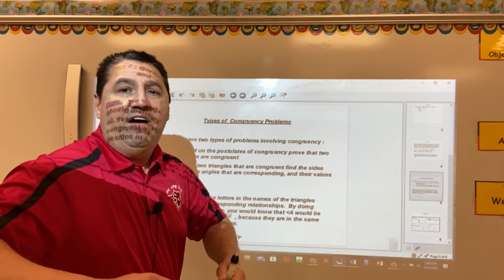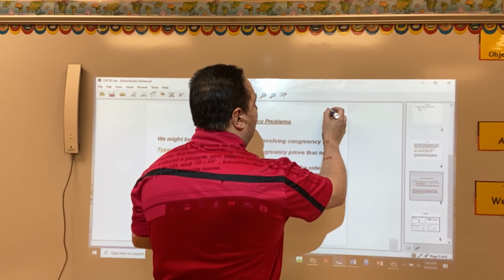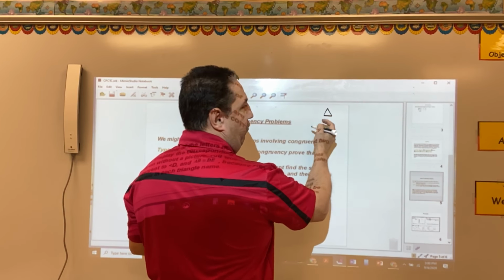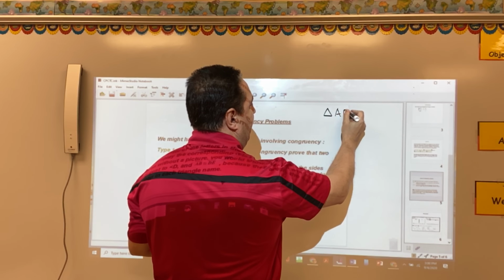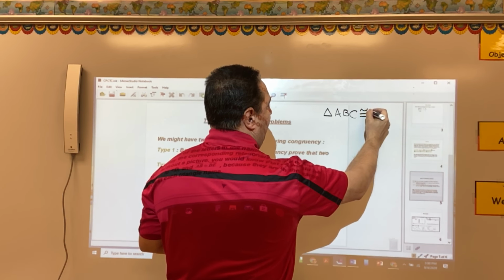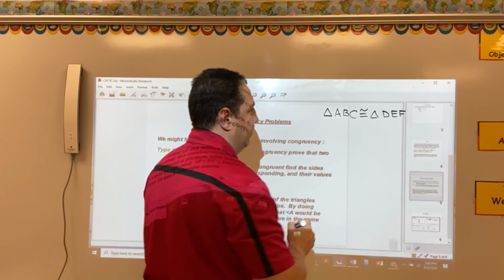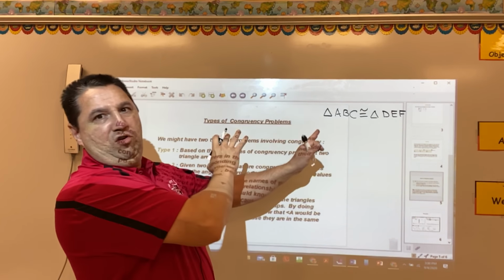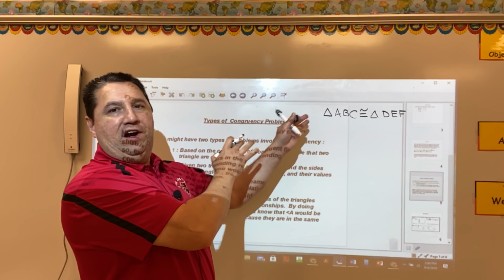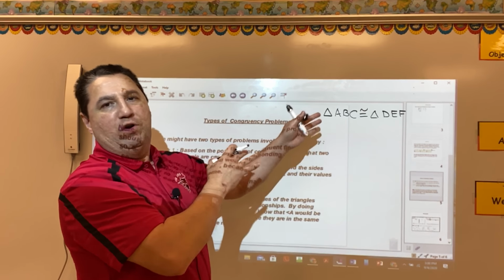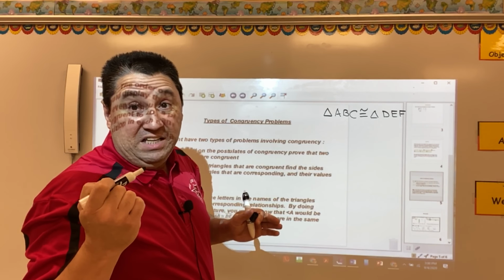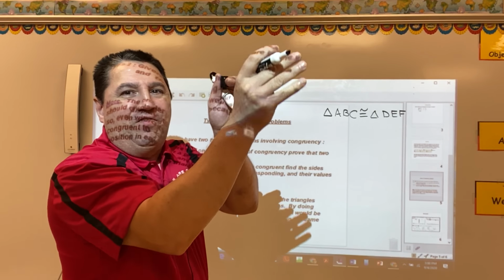when you have a statement like this, triangle ABC congruent to triangle DEF, remember this is the symbol for triangle, you don't need a picture to figure out the corresponding parts. You can look at the position of the letters.